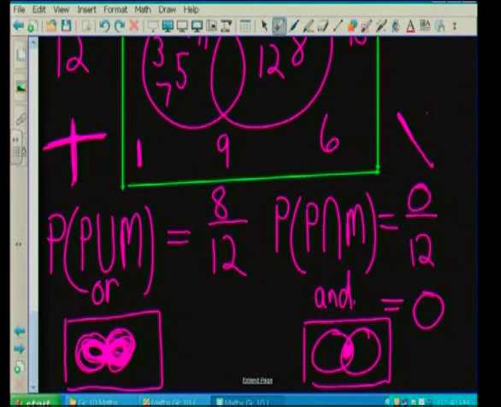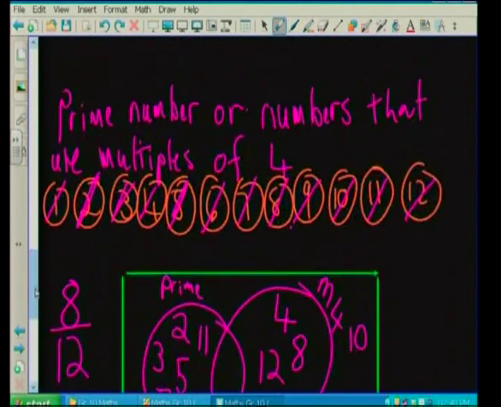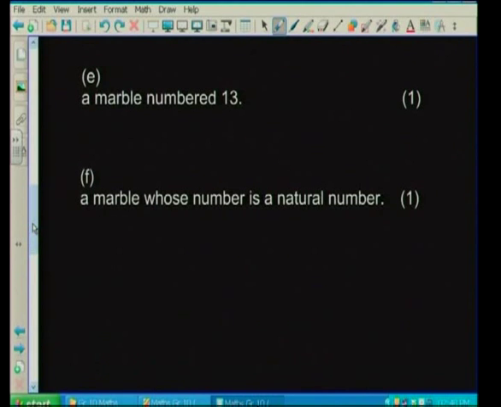Now, very important later on also for our calculations, whenever we see union or, we will be adding. And whenever we see intersection or and, we will be multiplying, but we'll get to that a little bit later. Now, guys, I've carried on quite a lot with this question, but at least now we've got the Venn diagram.